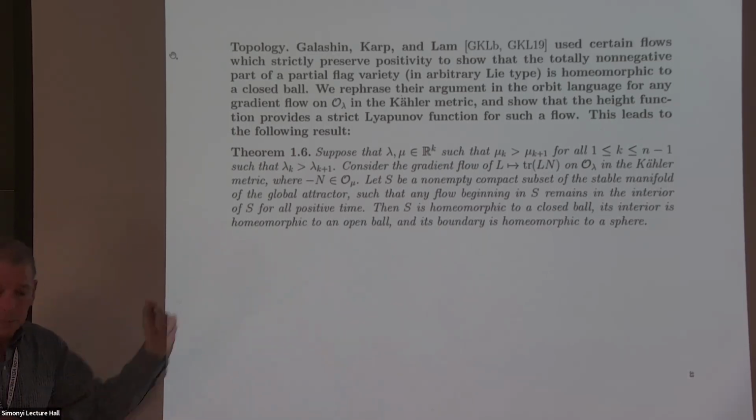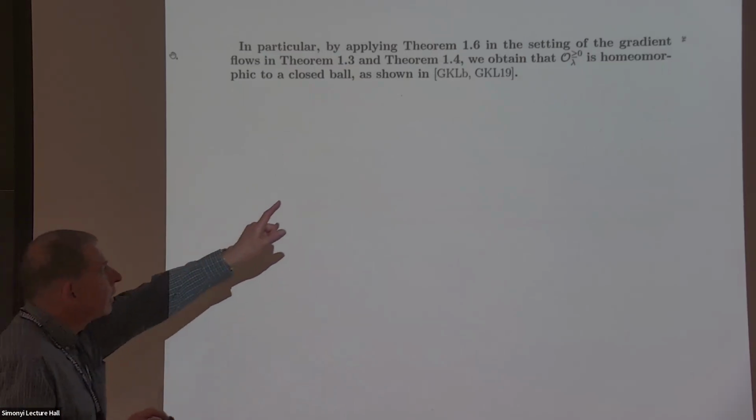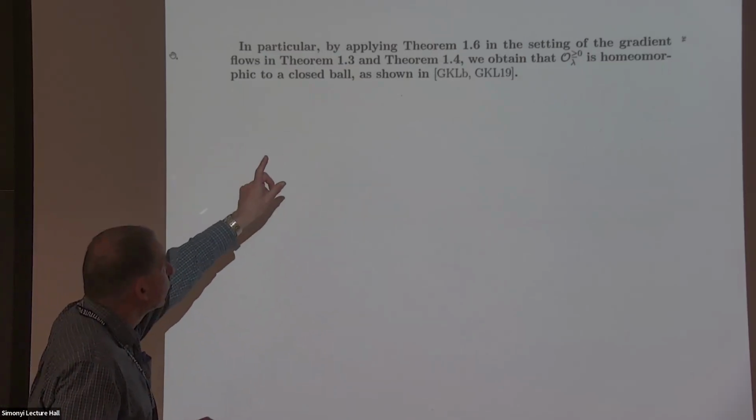So this is basically what we do for the totally positive matrices, at least for the totally positive orbits. If we apply this theorem in the setting of the gradient flow, we obtain that the orbit O_lambda greater than 0 is homeomorphic to a closed ball, and this recovers the result of Galashin, Karp, and Lam.